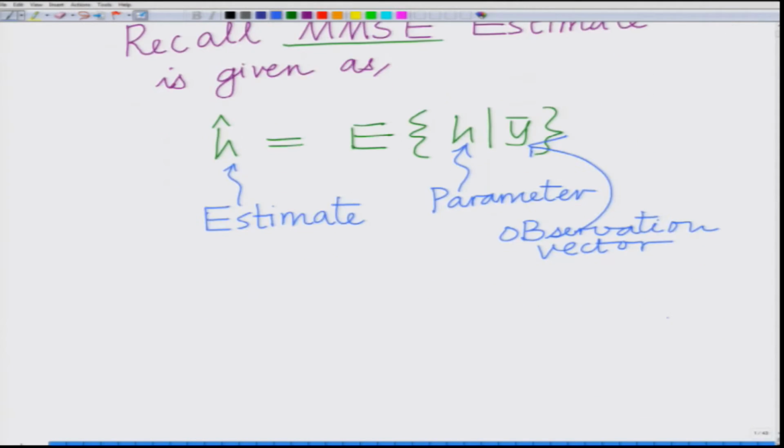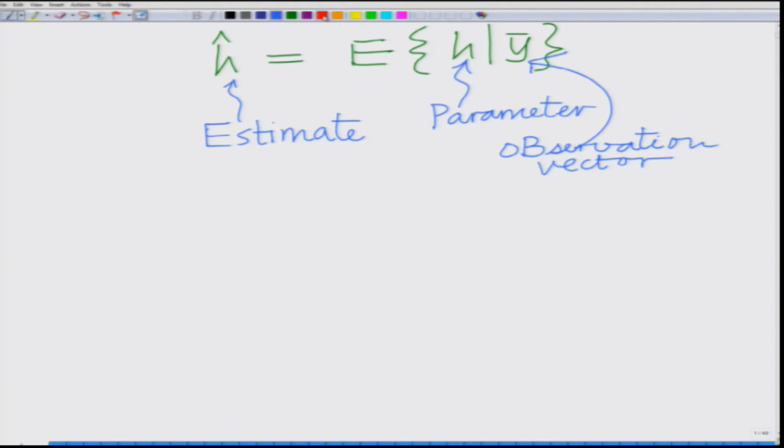However, computing this is a computationally complex task.